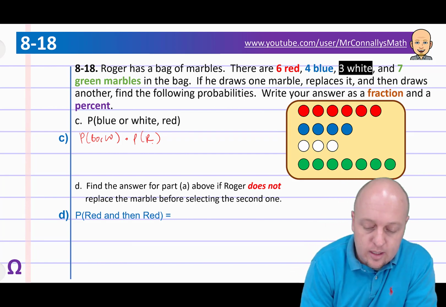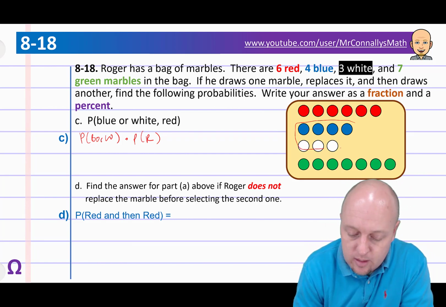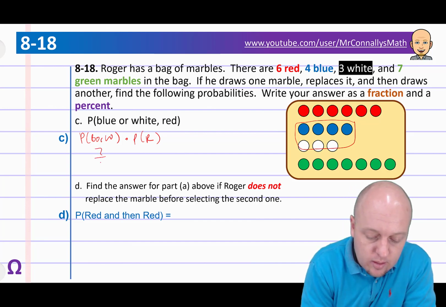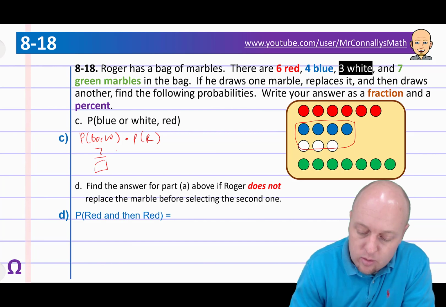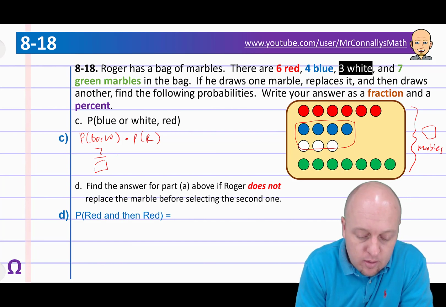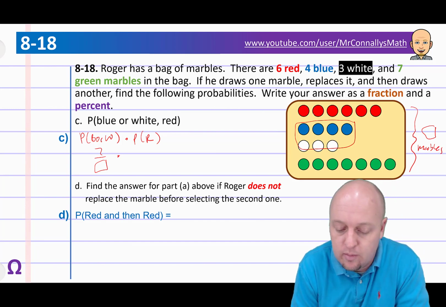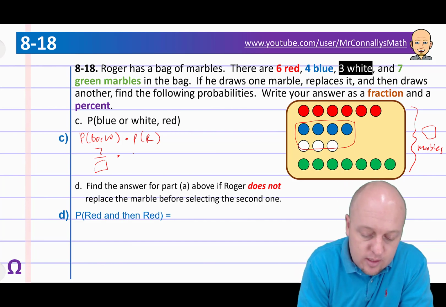Okay, so blue or white is going to be this amount, so that's 1, 2, 3, 4, 5, 6, 7 out of how many total marbles there are. And we're going to multiply that by the probability of red, which is 1, 2, 3, 4, 5, 6.